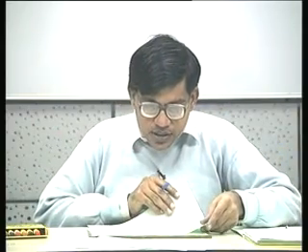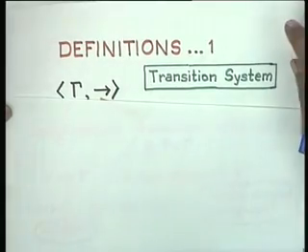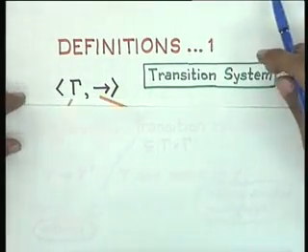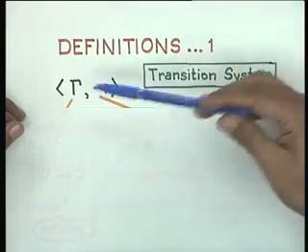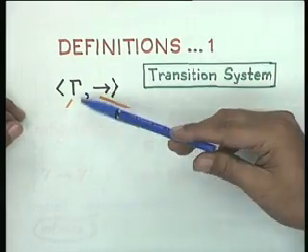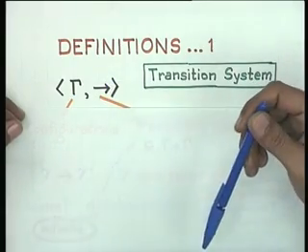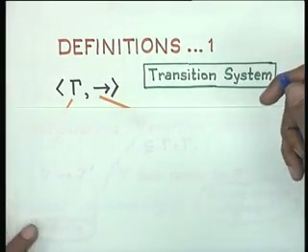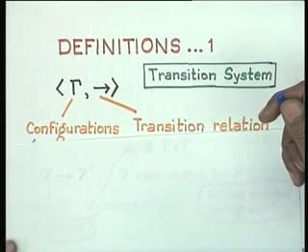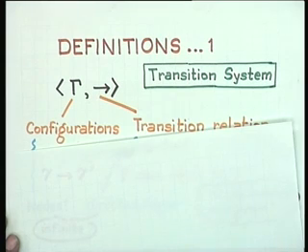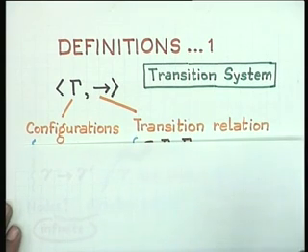So, what is a transition system? A transition system is really nothing more than an ordered pair, a structure if you like, consisting of a set gamma. This is the Greek letter capital gamma, and an arrow relation, where the gamma is called the set of configurations and the arrow relation is called the transition relation.